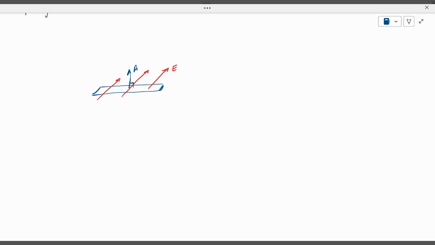Let's say that E is equal to 1,500 newtons per coulomb. All right, let's say this area here is basically a 10 centimeter by 10 centimeter square. All right. And the angle that's created, let's go with 60 degrees. So question could be, what is the flux that's going to pass through this surface?